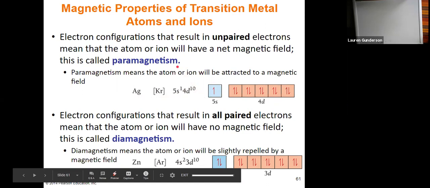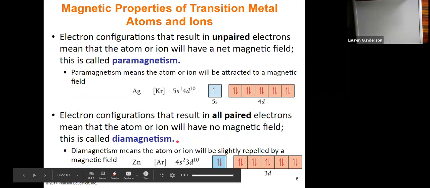so it is paramagnetic. On the other hand, if you have something that has no unpaired electrons, or that everything is paired up, it's not going to have any attraction to a magnetic field, okay? It's going to be slightly repelled by a magnetic field. These things are called diamagnetic, okay?